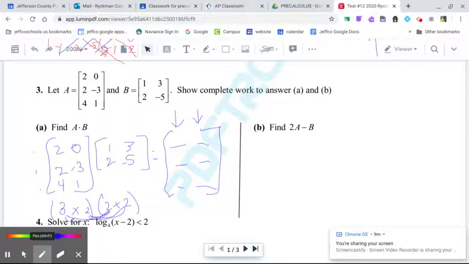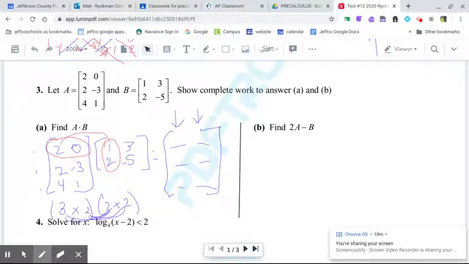All right, so now we're going to multiply. Here we go. When we multiply, we're going to take a row times a column and multiply and add. So I'm going to take 2 times 1 and 0 times 2. That's 2 plus 0, so that's 2. I multiplied the first row times the first column, and that's where the answer goes, the first row, the first column.